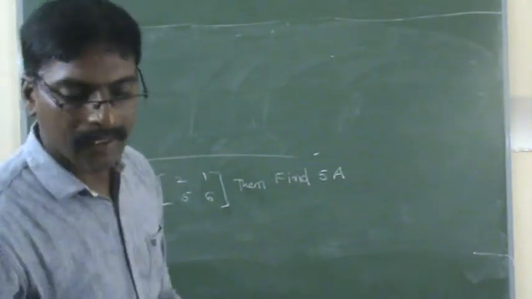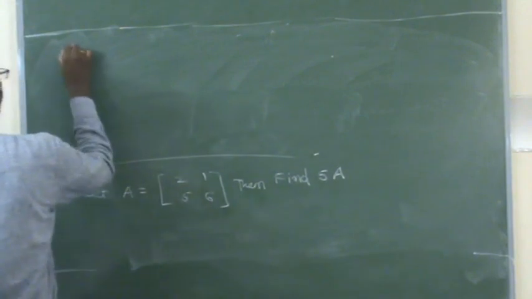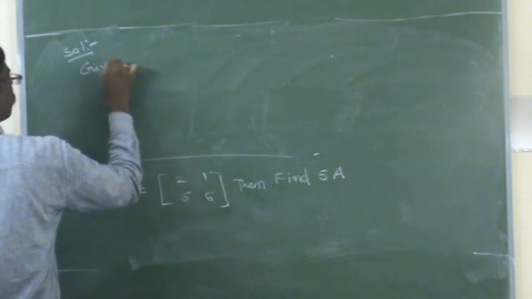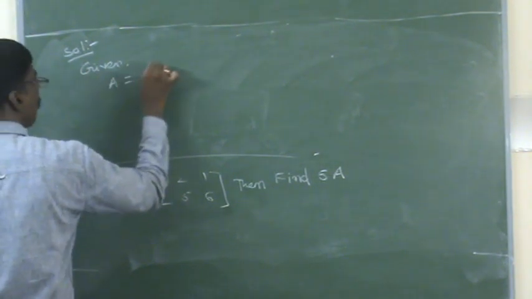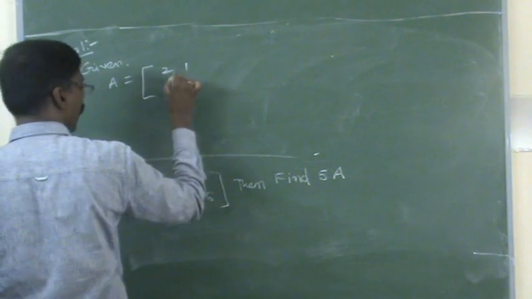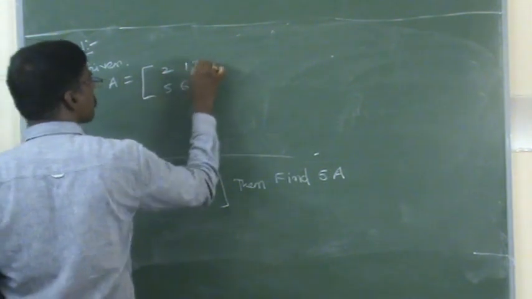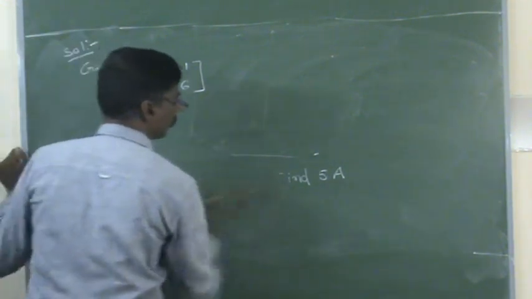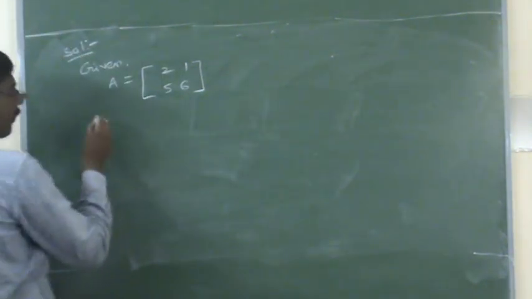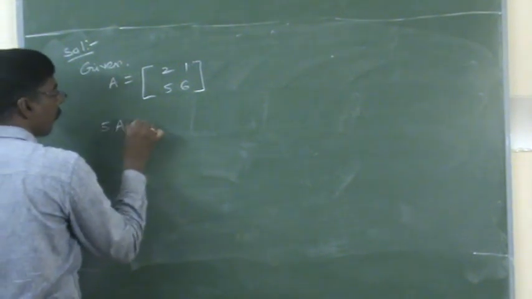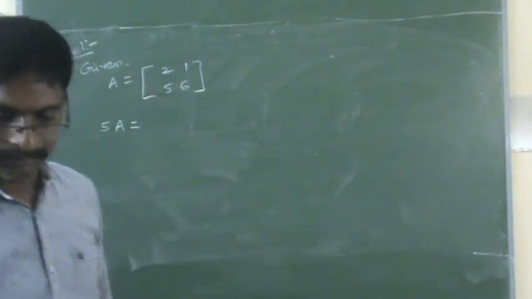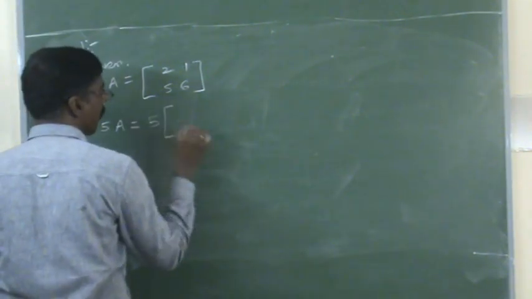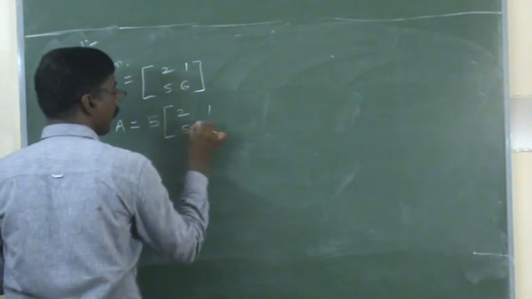Okay now, the given matrix A is 2, 1, 5, 6. Then find 5A. Here 5 is nothing but a scalar, one number. How to multiply 5 with the matrix 2, 1, 5, 6?